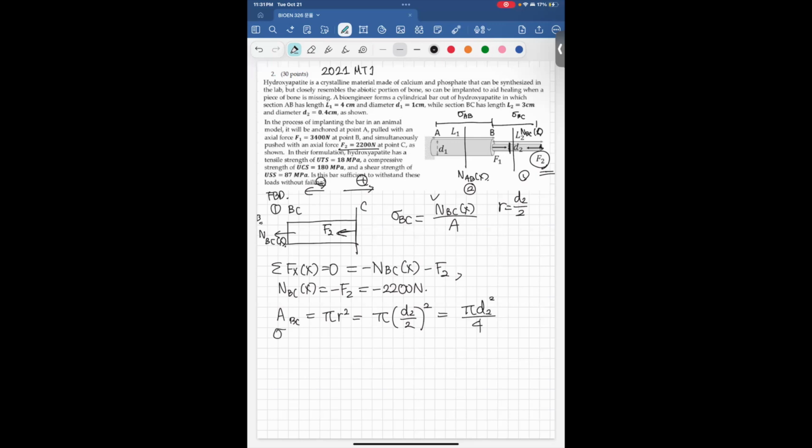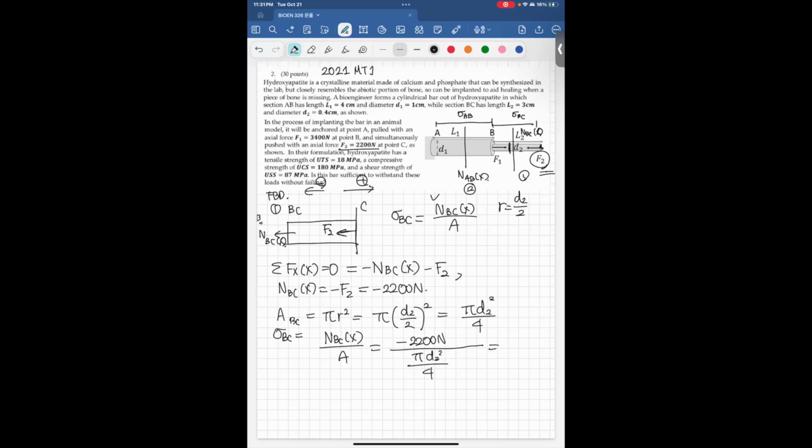And sigma BC would then give us force over area, right?